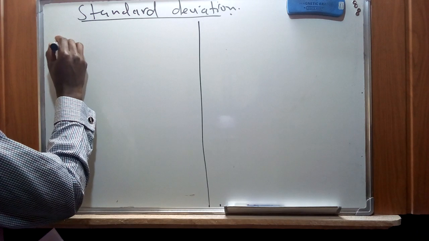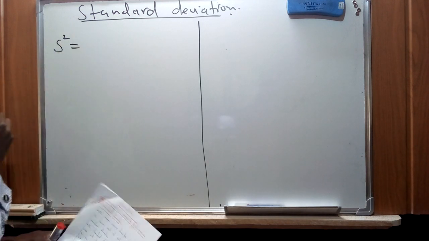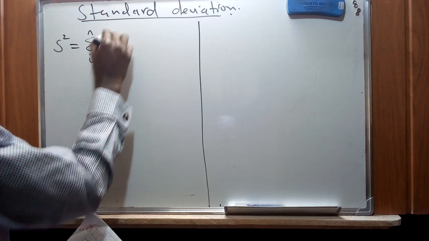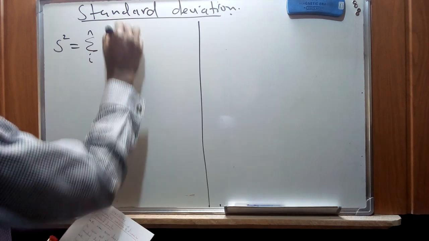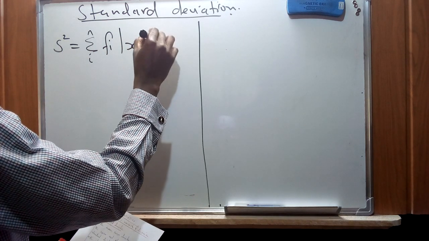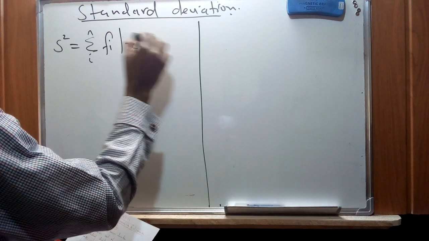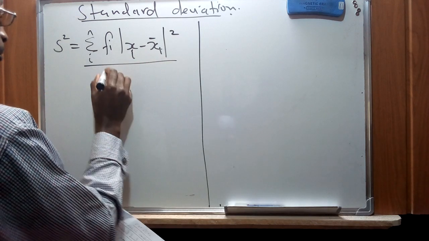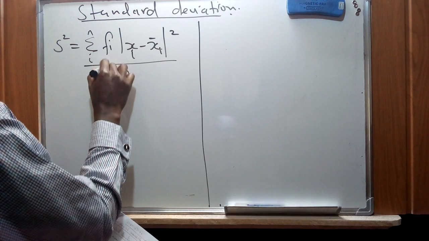Now we have given the mean square deviation as the summation from i to n of fi, the absolute values of x minus x bar squared, over the summation of frequency from i to n.